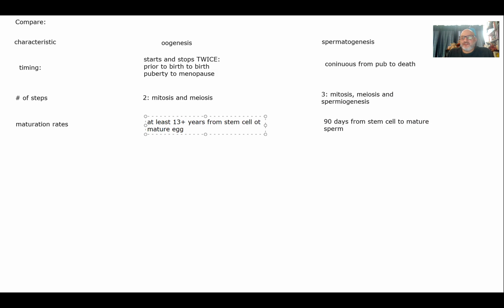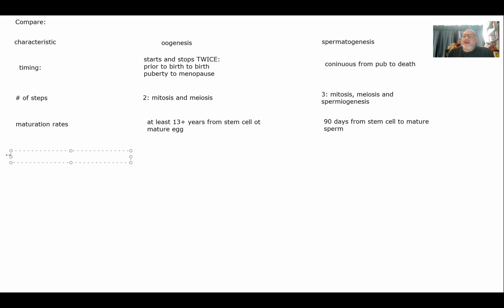But absolutely, the maturation rates are absolutely positively dramatically different in the times there. Yeah, exactly. So again, it continues after puberty. So it's got to be at least 13 years for that. Spectacular. What else?